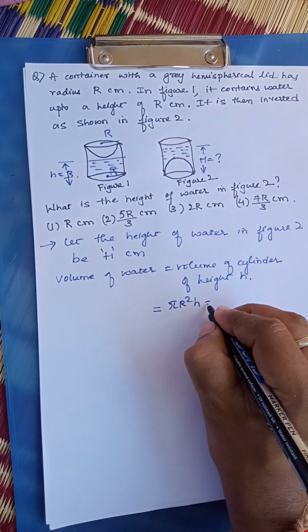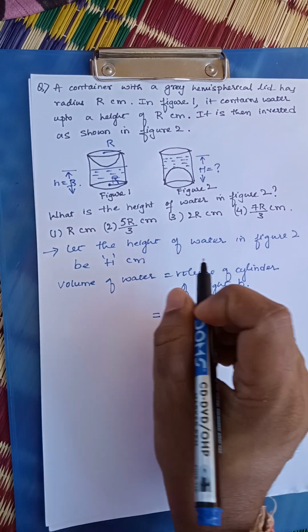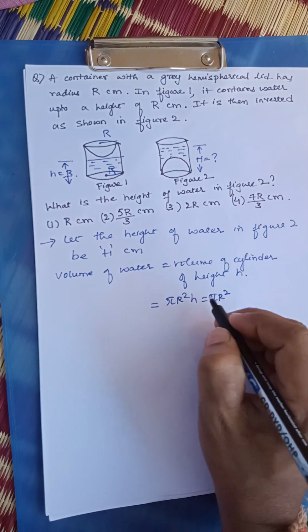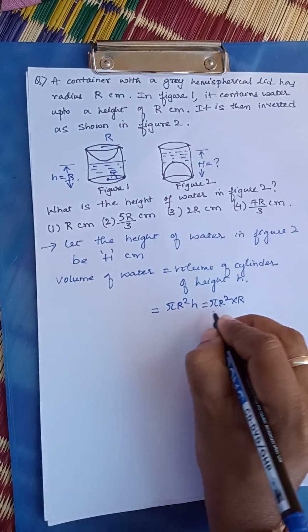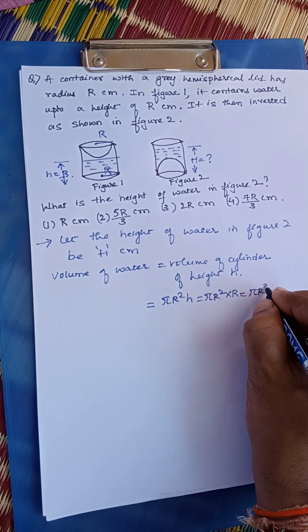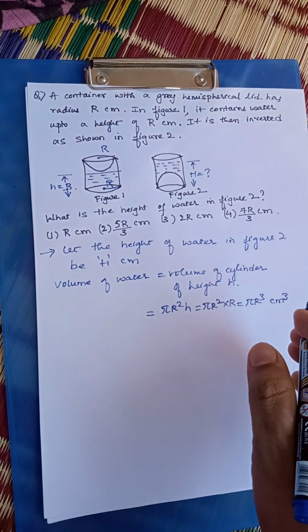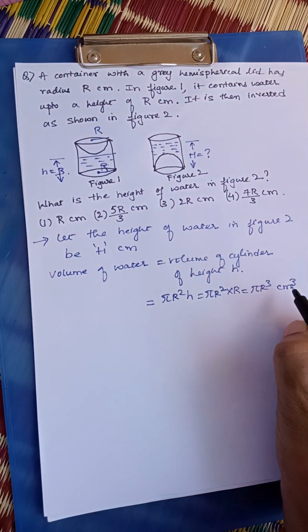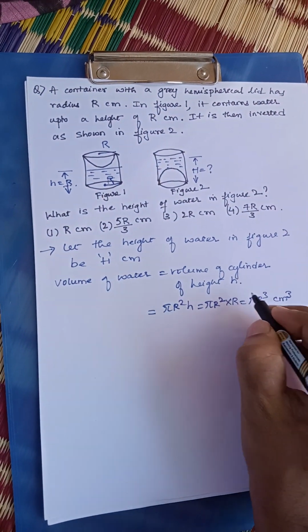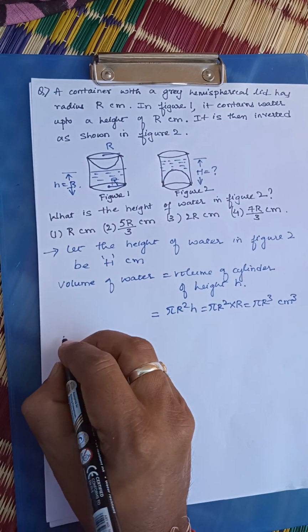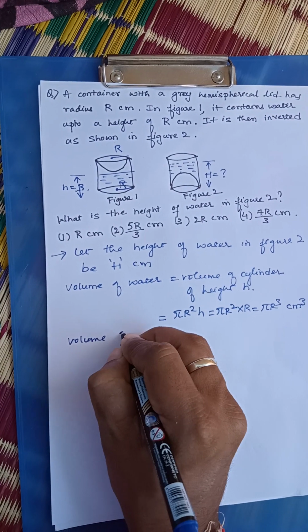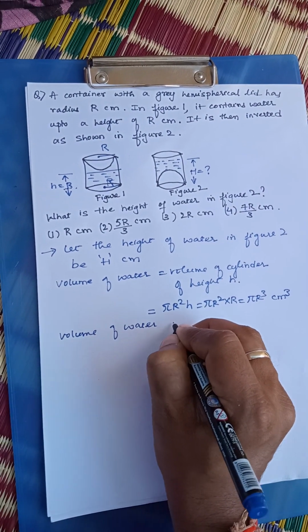Here the value of h is equal to r, so in place of h I'll write r, so it becomes pi r cube centimeter cube. Because the radius and height are in centimeters, the volume will be in centimeter cube. So this is the volume of water. So what is the volume of water? Volume of water is equal to pi r cube centimeter cube.